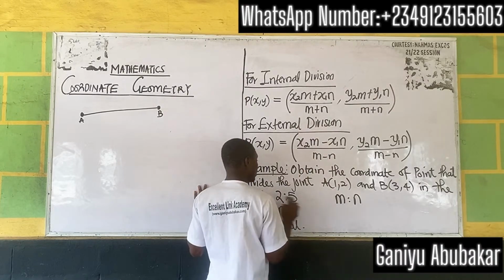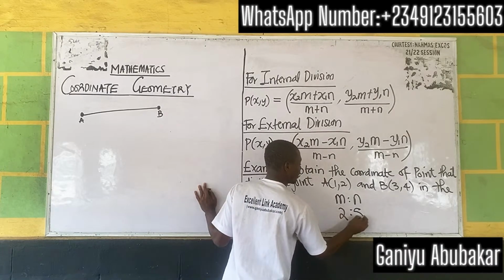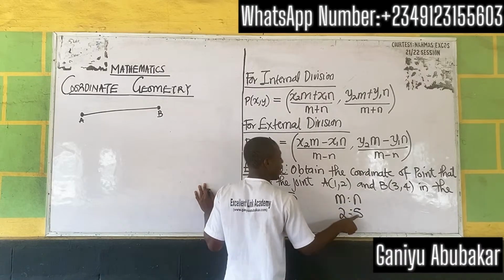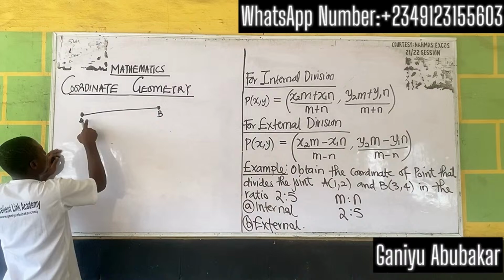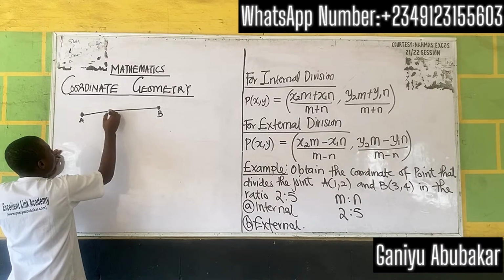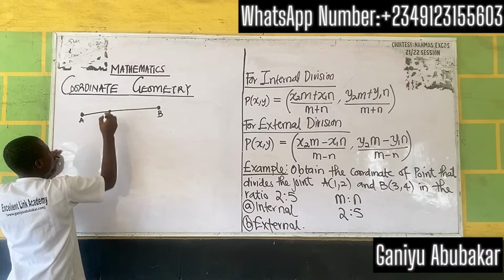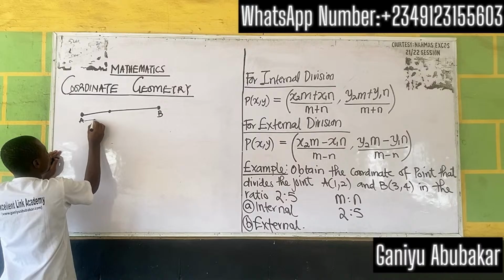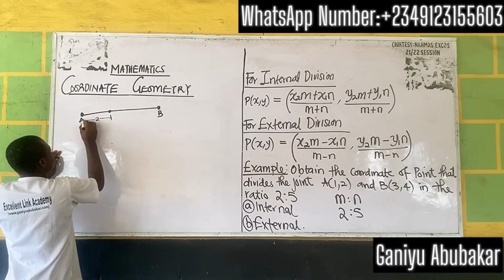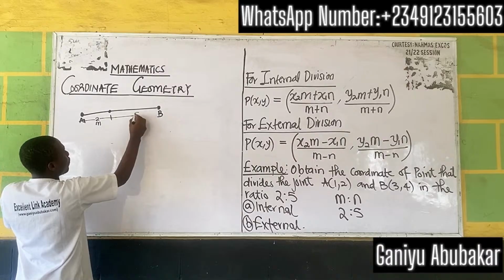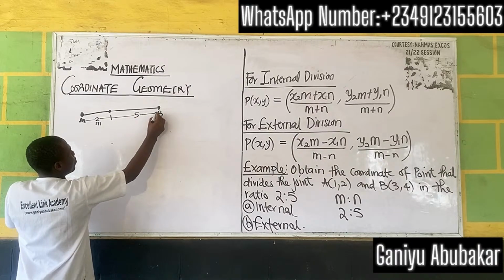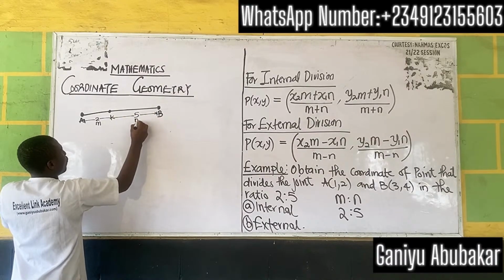So this 2 is for m and this 5 is for n. The 2 is for m, while the 5, which should be more than the other one, is for n.